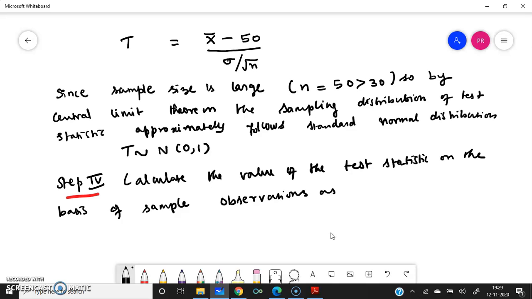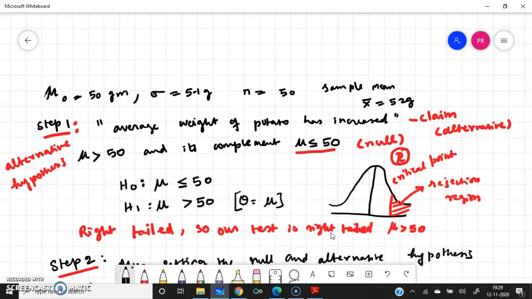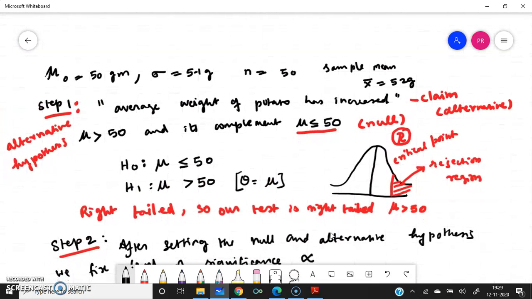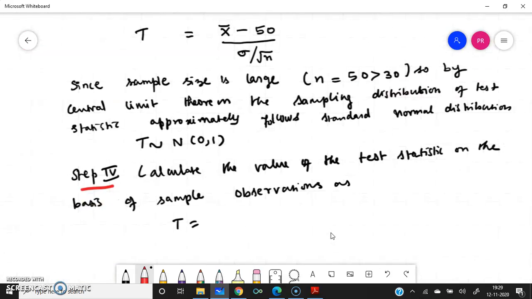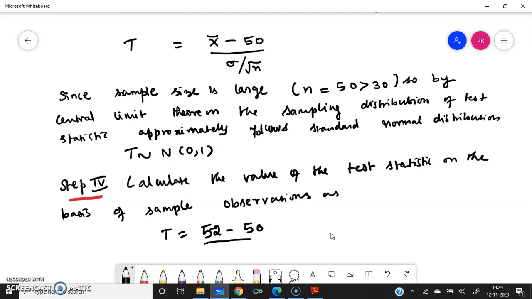X bar is given here as 52. So 52 minus 50, divided by sigma, that is 5.1 by root 50, which is nothing but 2 by 0.72. So the answer will be 2.78.